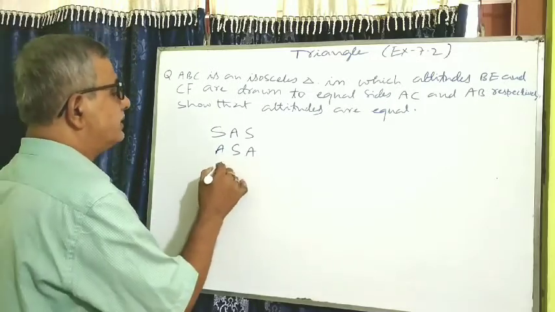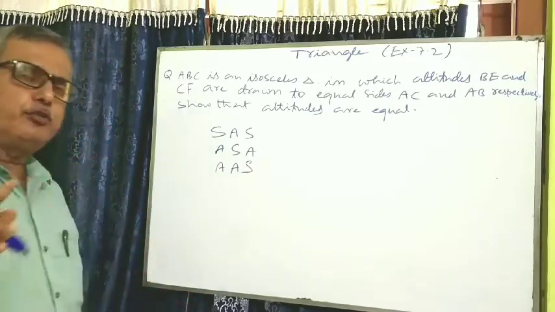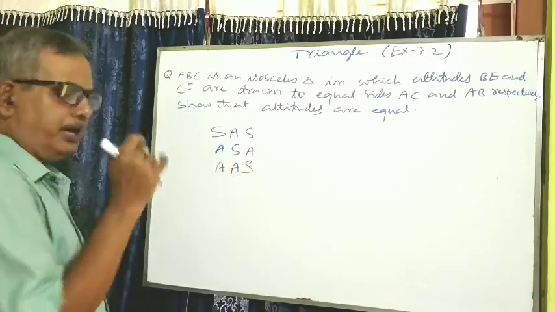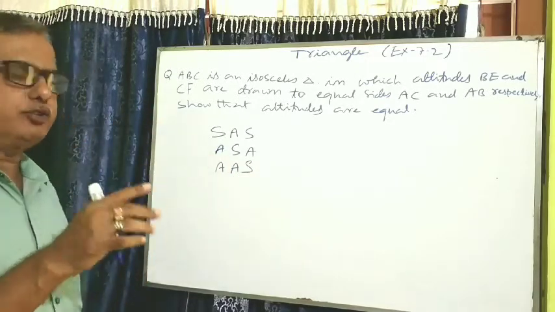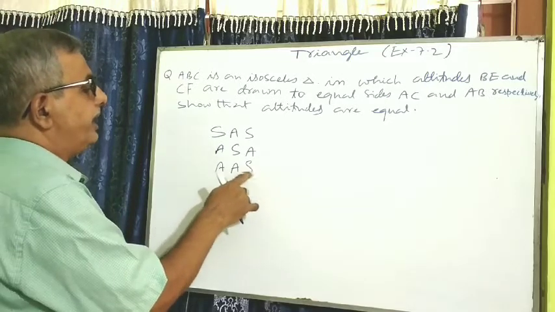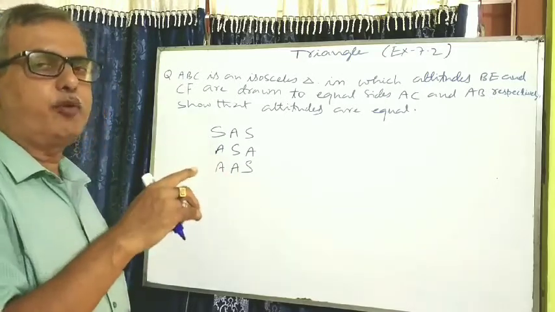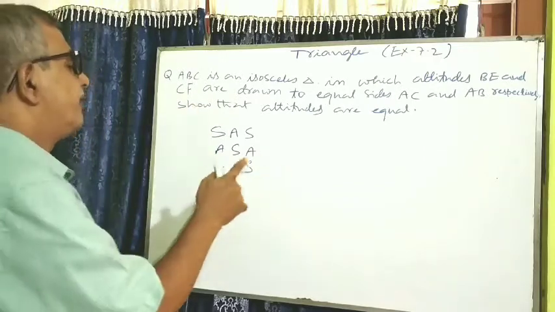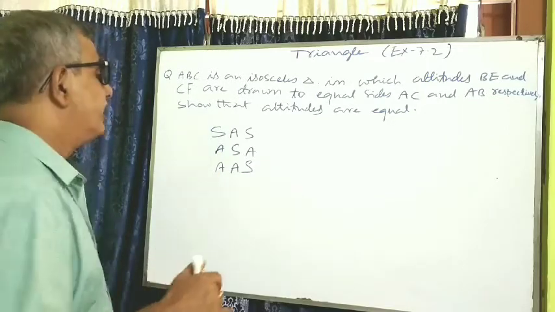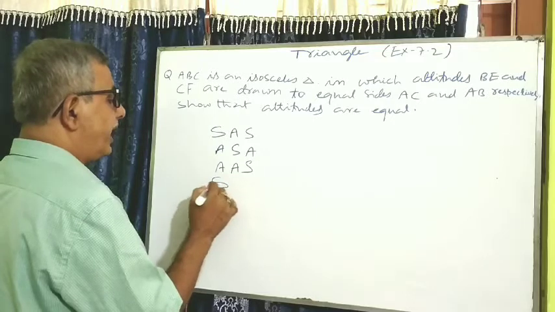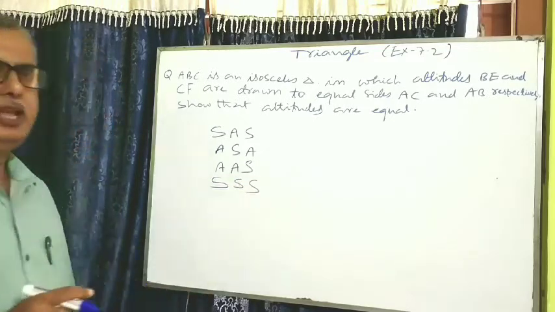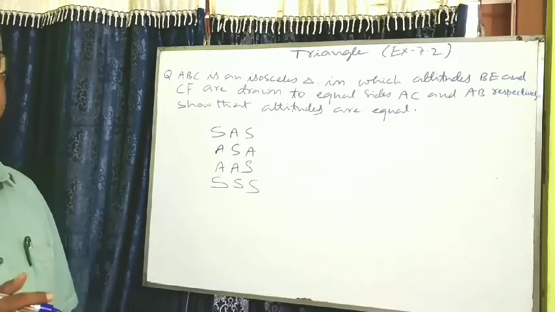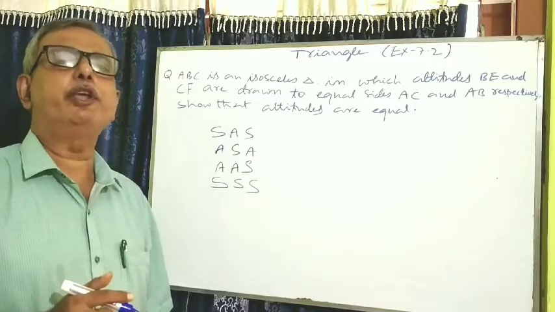Then I taught AAS. Any two angles and a side of one triangle. Here it is not necessary that the side should be in the middle. Let it be outside the angle also. When two angles and one side of one triangle are equal to two angles and a side of the other triangle, then also the two triangles are congruent. Then what I taught you, SSS, is very clear. In two triangles, if three sides of one are equal to three sides of the other triangle, then both triangles will be congruent.